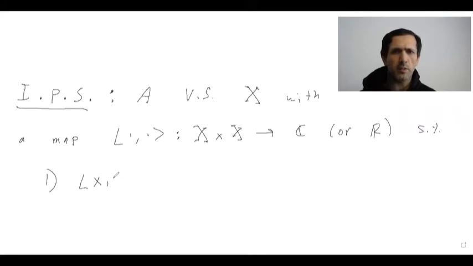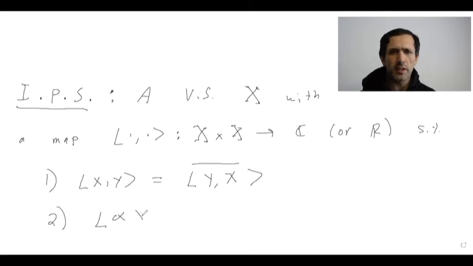So for any x and y in big X, this almost commutes. Not quite. You need a complex conjugate here if we're dealing with a complex vector space. For a fixed z in the second variable, this map here is linear in the first variable.